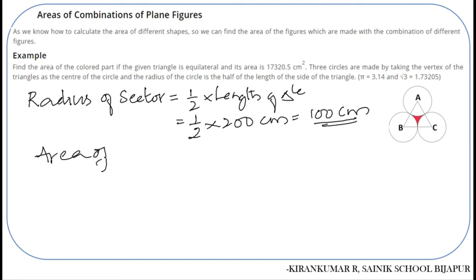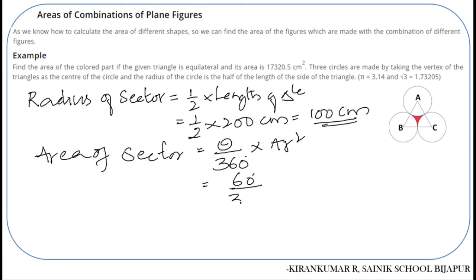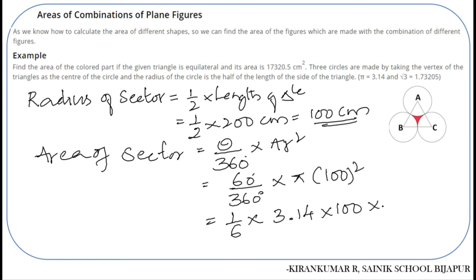So area of sector will be equal to theta by 360 multiplied by pi r square. So 60 degrees upon 360 degrees multiplied by pi times 100 square. We get it as 1 by 6 times 3.14 multiplied by 100 into 100. On further simplification, we get it as 15700 upon 3 centimeter square. This is the area of one sector.